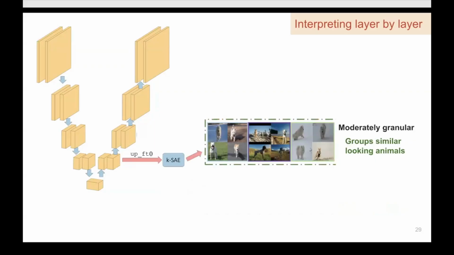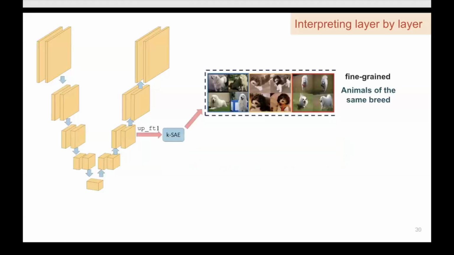One level up, the features were relatively more granular than the one below. It started to group dogs and cats into different groups, so different neurons were firing for different animals. So this was the magic layer, upfeed 1, which corresponds to I think block 14 in DiT and a similar middle-ish block in Flux.